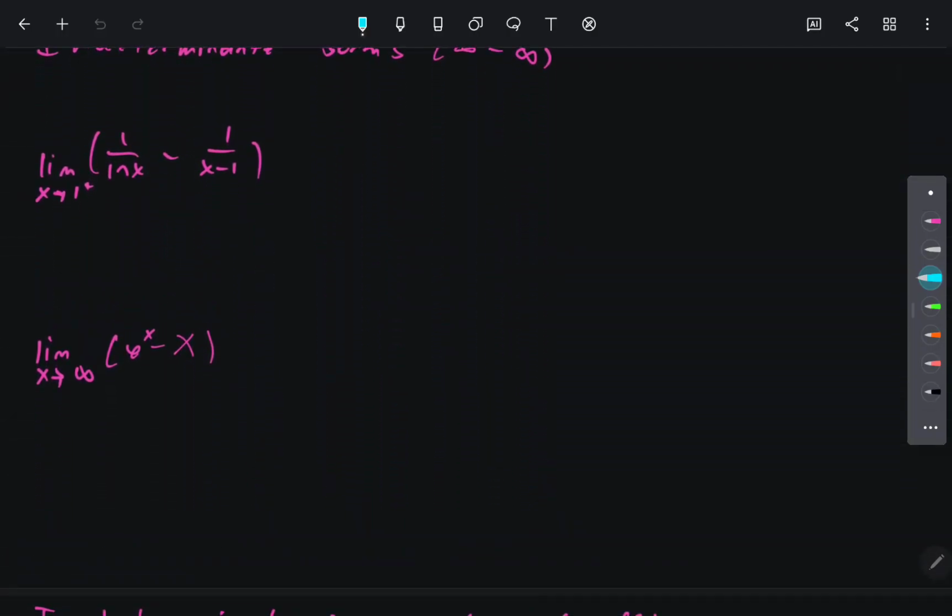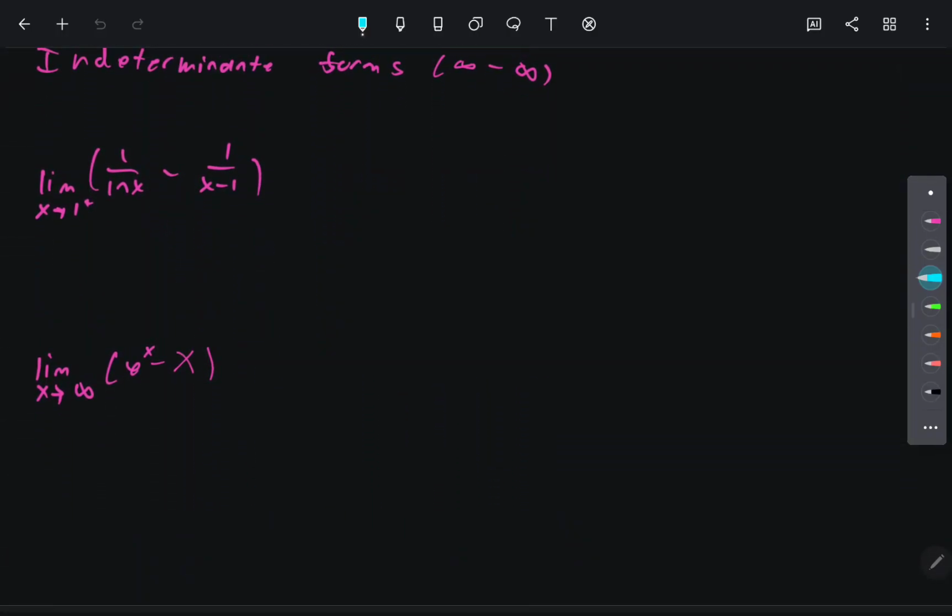So now we have another type of indeterminate form, and it's where we have infinity minus infinity. So these types of indeterminate forms often require us to use our previous knowledge to solve them. So what we're going to start out by doing is just trying to plug in 1 and seeing what happens.